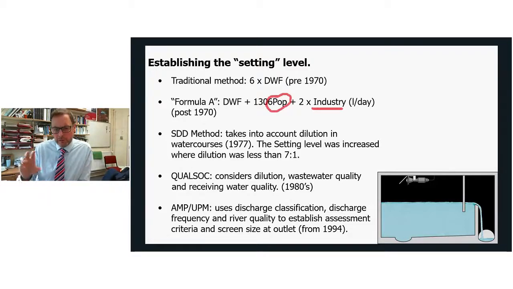So that was about also managing the risk. And then that process was more greatly formalised in the 1990s in the UK by the Urban Pollution Manual, and it really focused a lot of detail on thinking about the receiving water quality when setting levels were set.